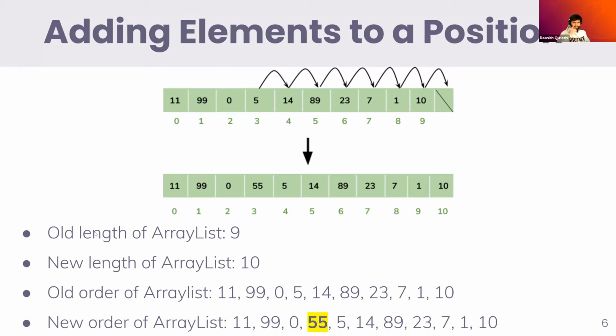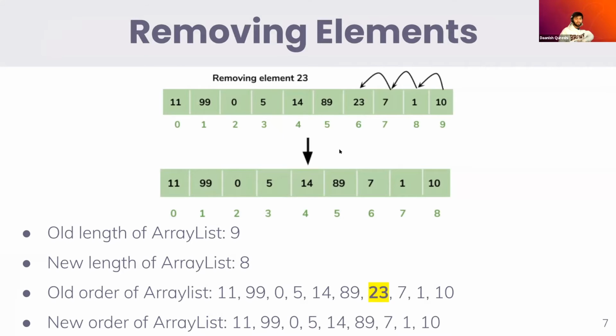This is a little bit different than length, but we'll talk about that later. So the old order of an array list, like we see here, is going to be 11, 99, 0, blah, blah, blah. And the new order is going to be 11, 99, 0, and then 55. So we place that 55 in there, as we see here. So I think everyone understands this, and so I guess we'll move on to removing.